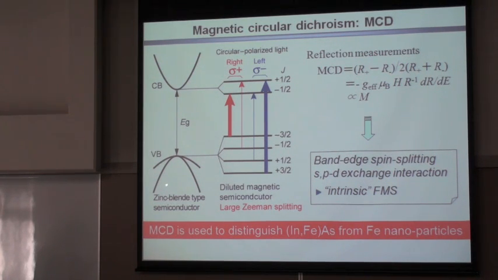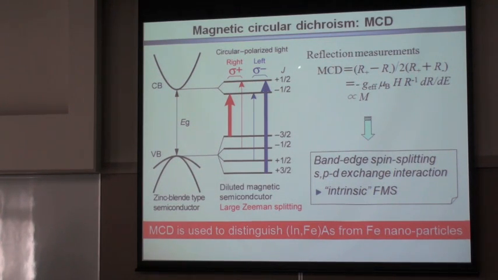Well, this is a band structure of semiconductor zinc blende type material. When we apply a magnetic field, each conduction or valence band, each band spin splits like this. And due to the selection rules, there is a difference in optical transitions between the right and left circular polarized light. So we see the difference.